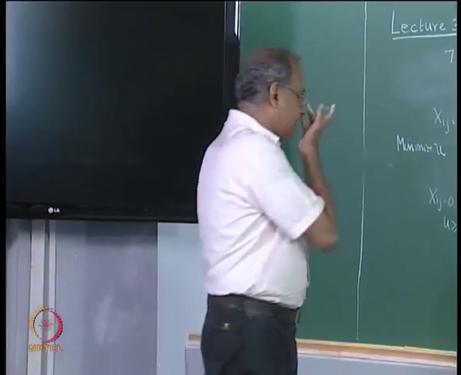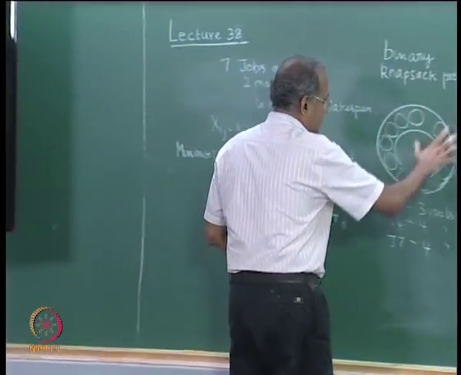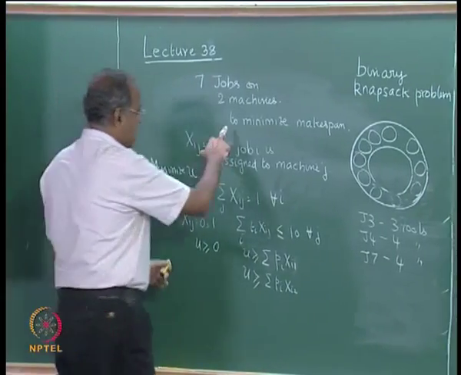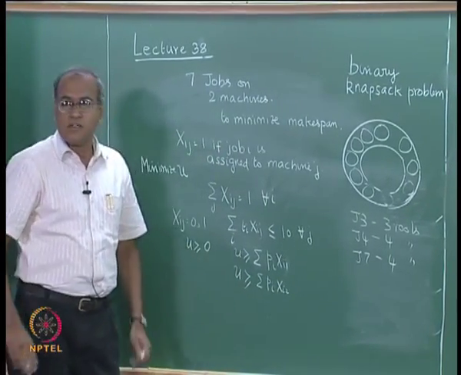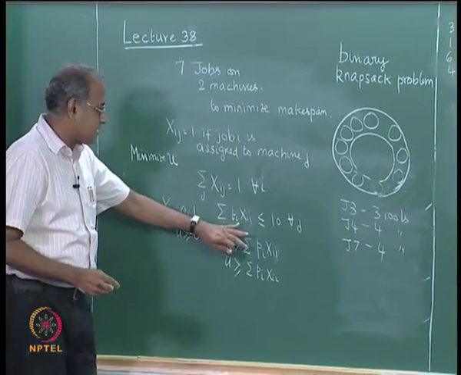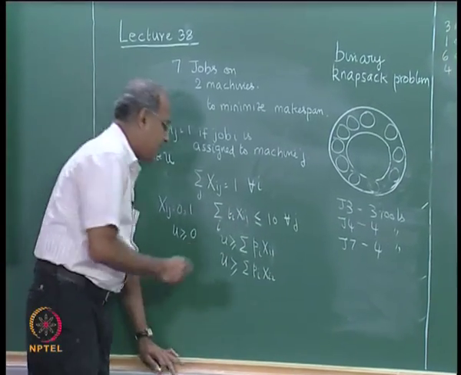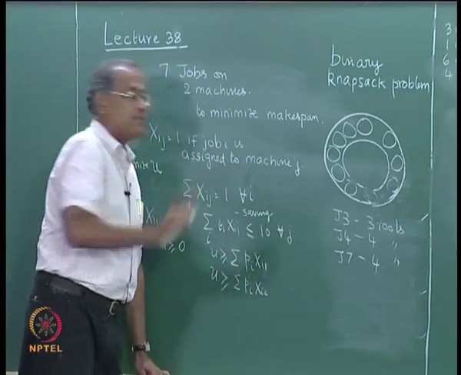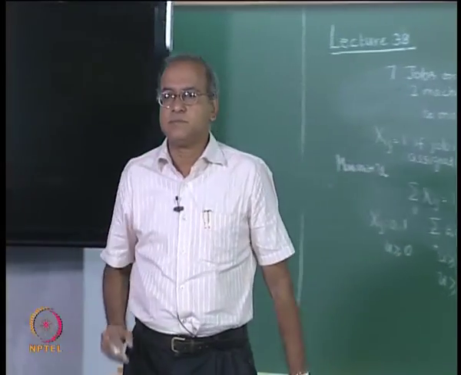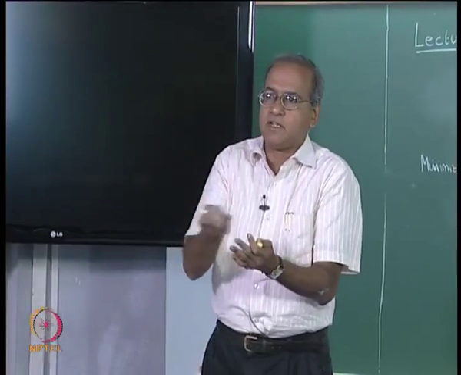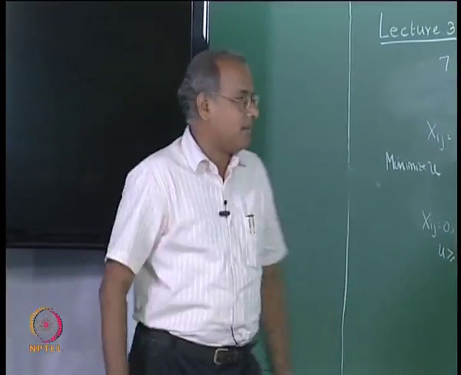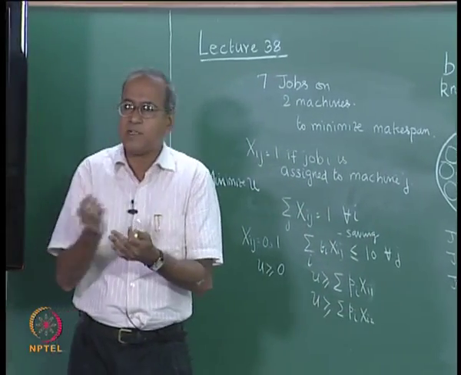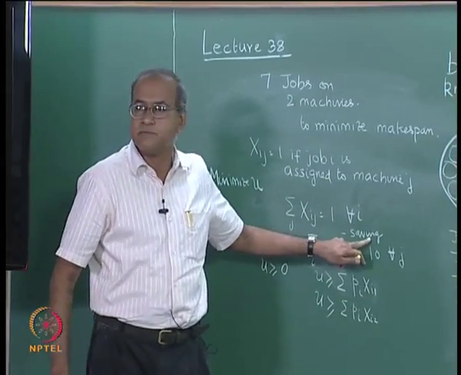When we say that tool slot saving can now be incorporated, can we go back and solve this optimally? Now to solve this optimally, this constraint will be sum of Ti Xij minus saving is less than or equal to 10, because the very advantage is the saving that we could consider. But then we realize that this saving cannot be very nicely represented here, it will become non-linear.